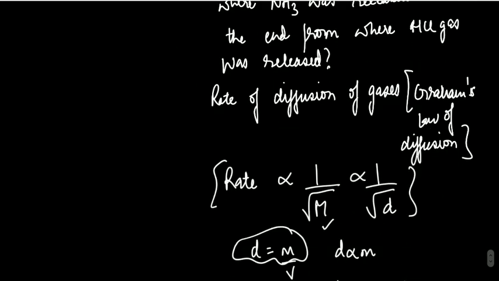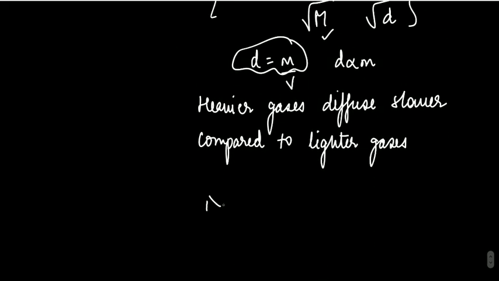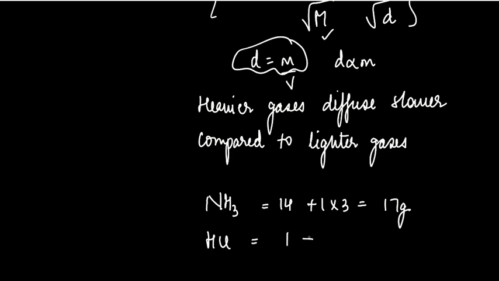We can calculate the molecular mass of ammonia. For ammonia, nitrogen mass is 14 and hydrogen is 1 into 3, so this will be 17 grams. For HCl, hydrogen mass is 1 and chlorine is 35.5, so this will be 36.5. So definitely HCl mass for 1 mole is heavier compared to ammonia.